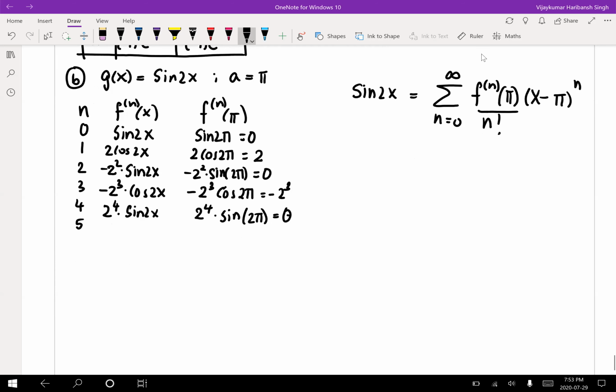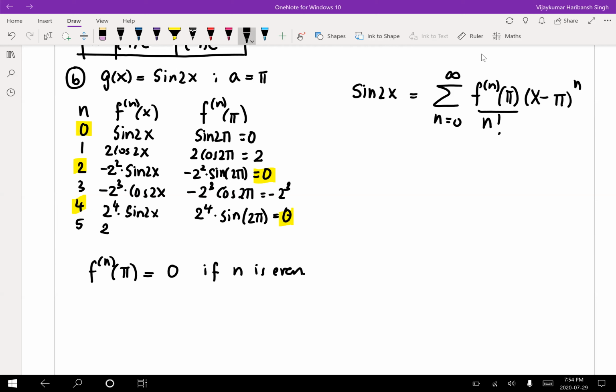What is f^(n) of pi? Notice the following here. When n is 0, you get 0. n is 2, you get 0. n is 4, you get 0 again. So f^(n) of pi is 0 if n is even.